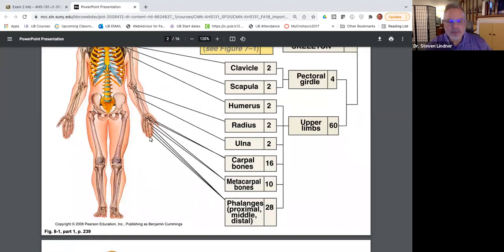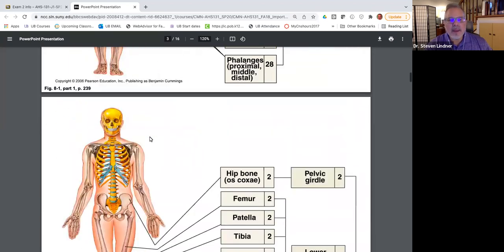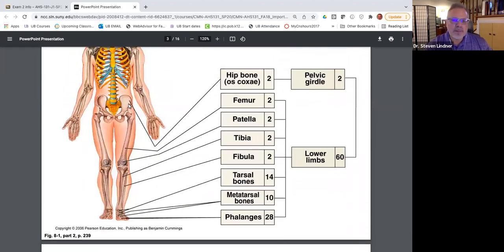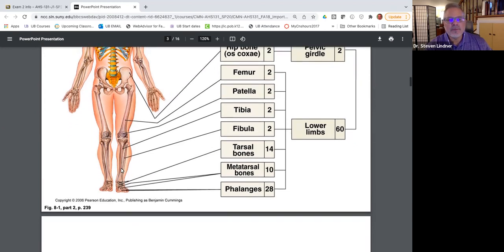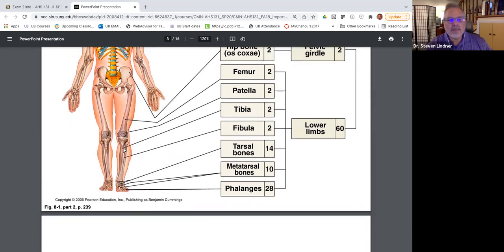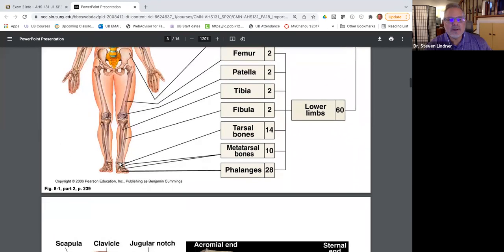Okay, we'll look at the upper limb. Then we'll do another video on another day, and we'll cover the lower extremity. Everything from the pelvic bone, the hip bone, the femur, the patella, the tibia, fibula, tarsals, metatarsals, and phalanges.